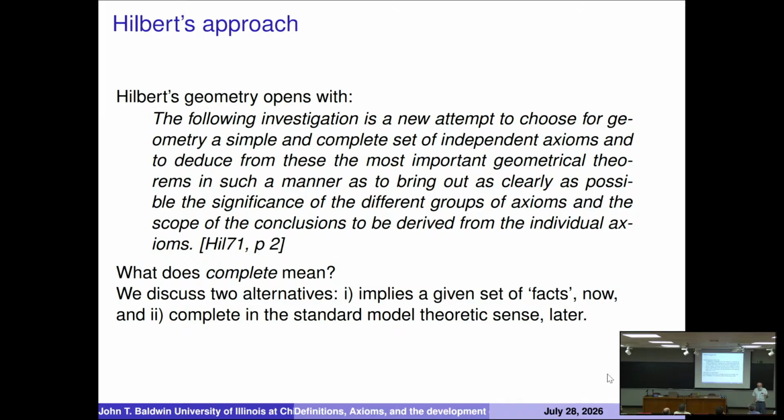Yeah, for every sentence, you can either prove it or its negation, right? And I don't think he actually knew in 1899 which he meant. The word categorical was invented, in fact, by John Dewey, but just in conversation with Huntington.